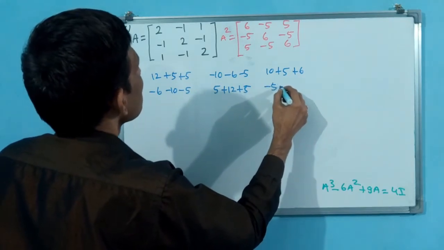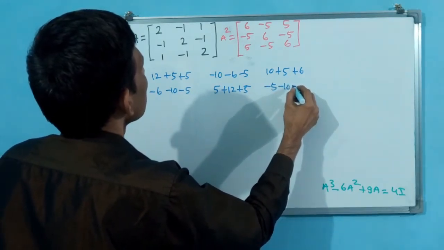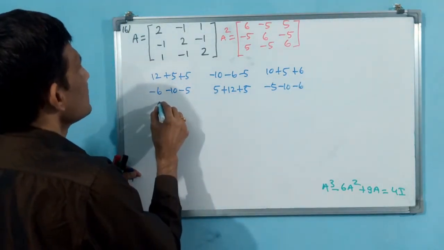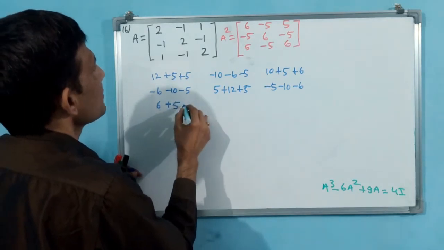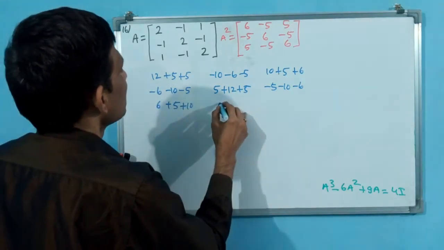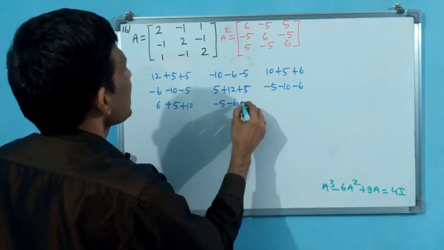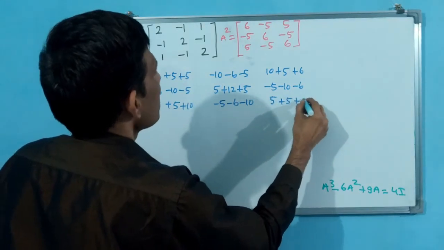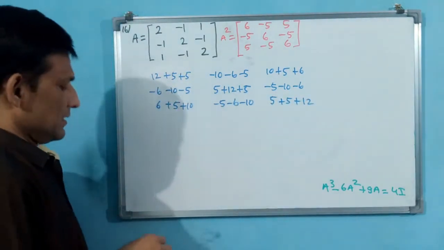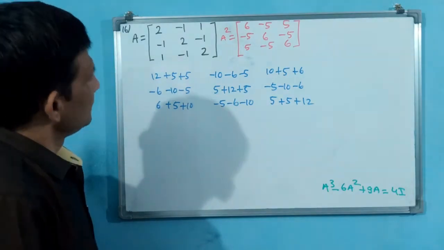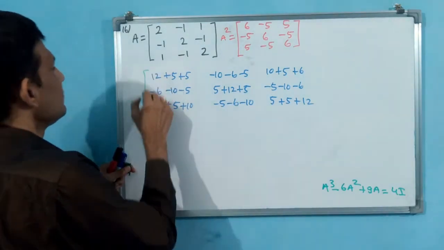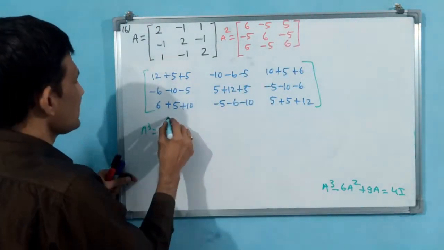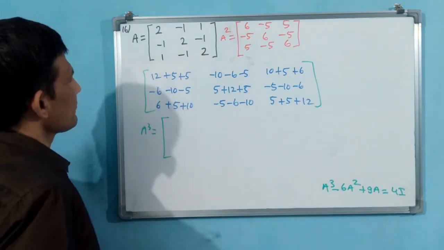Minus 5, minus 10, minus 6. 6 plus 5 plus 10. Minus 5, minus 6, minus 10, plus 5 plus 5 plus 12. See, this is A cube. Add, then A cube will come. A cube we are going to write that side. Let us add this one.